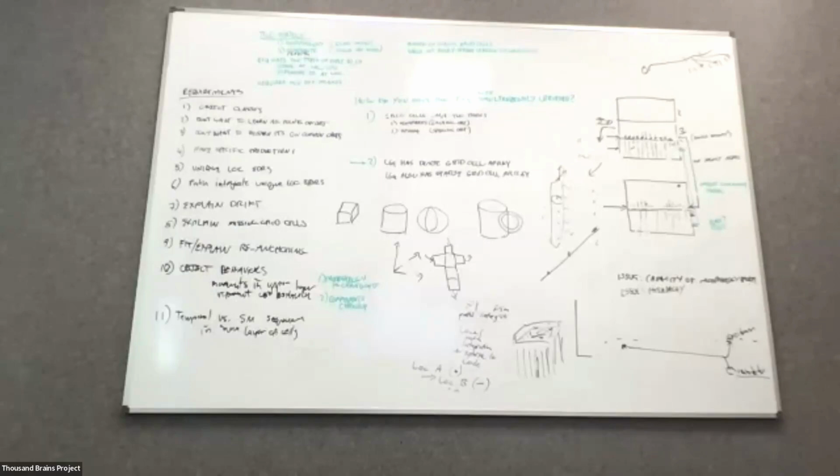Well, the new idea today, we'll revisit it, is going back to this idea on the bottom left here as a way of getting the sparse coding of locations. The only reason I like it is because that is known to be observed in cortex.